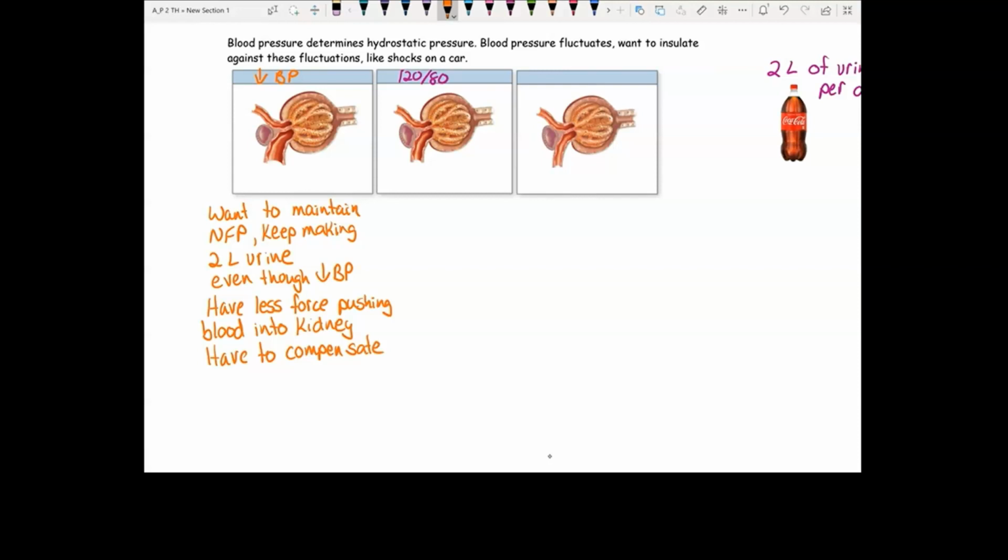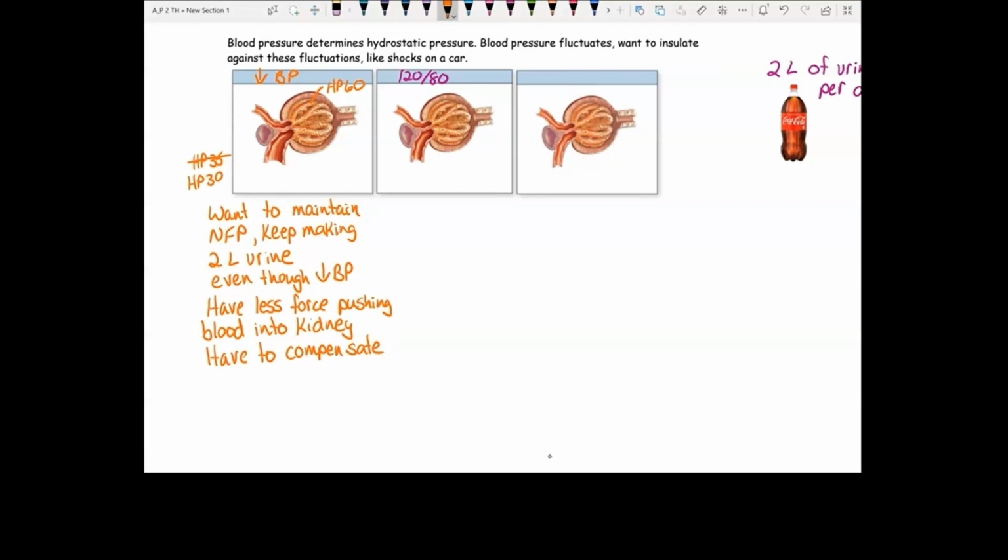Remember before we said that elsewhere in your body, the hydrostatic pressure was 35, and then in your kidney, because the afferent is bigger than the efferent, we got our hydrostatic pressure up to 60. Well, now, because blood pressure is lower, that's not 35. Let's say maybe this is 30.